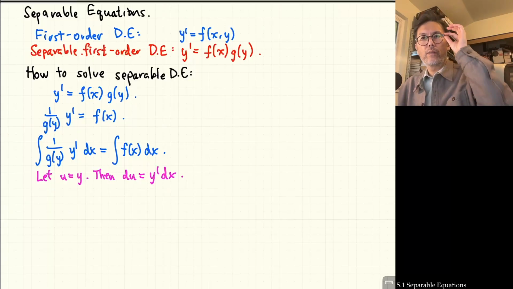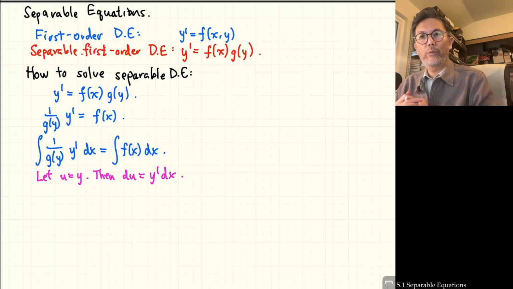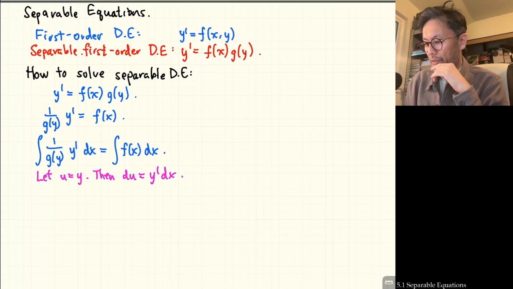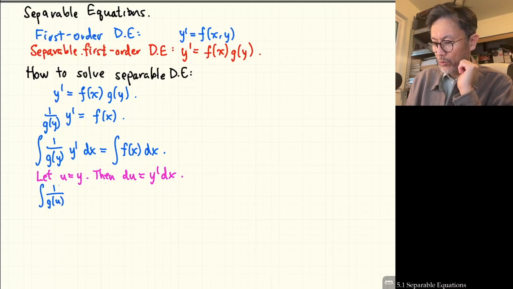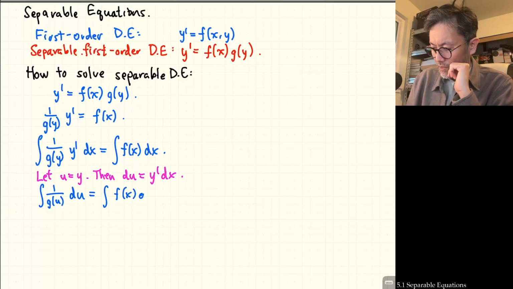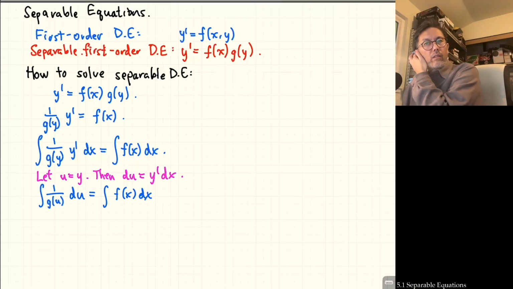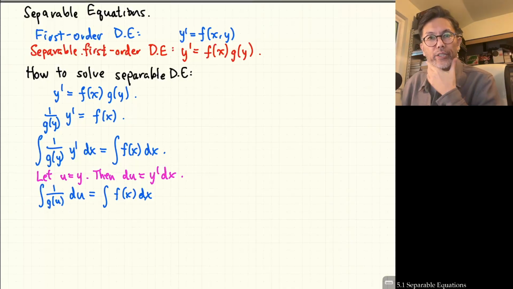This is just a calc 2 move, a single variable calculus move that we're doing here. And then we can rewrite that left-hand side using the substitution. We get the integral of 1 over g of u, remember, u is y, and y prime dx becomes our du. So we get this equation.